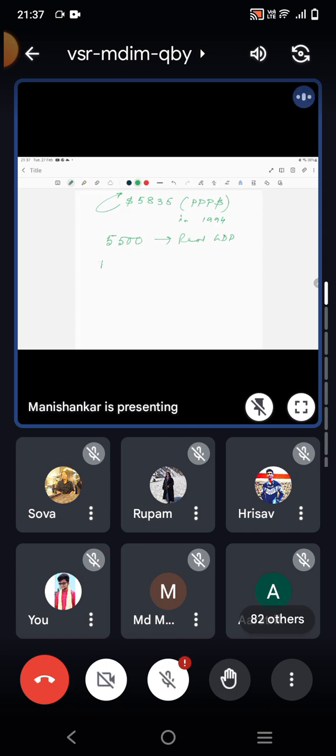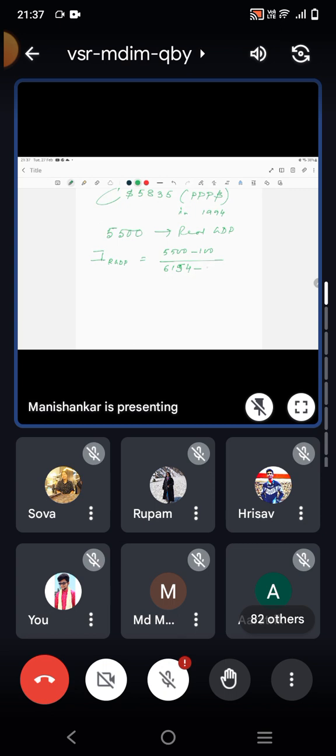So how to measure the index of your real GDP? That index: actual value 5500, minimum value is 100, maximum value 6154 minus 100.